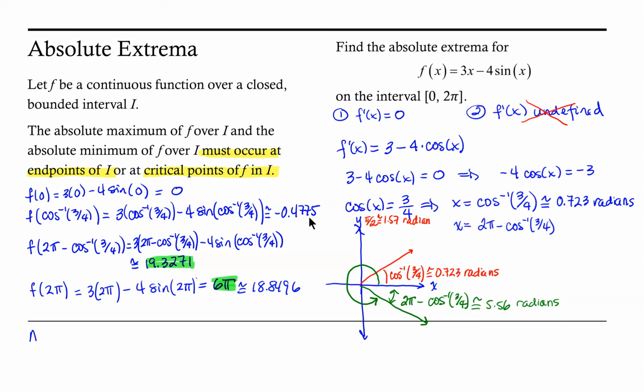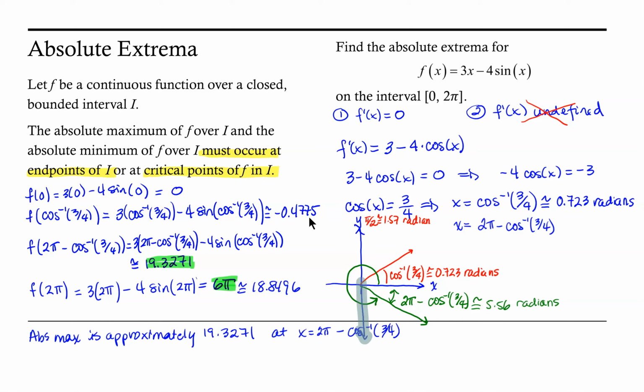So we can say that the absolute max, and we did approximate because of the form of the function, is approximately 19.3271, and it happens at x equals 2 pi minus arc cosine of 3/4.